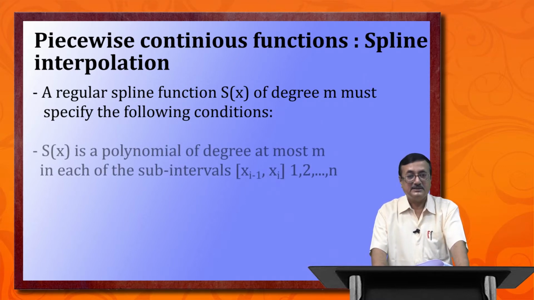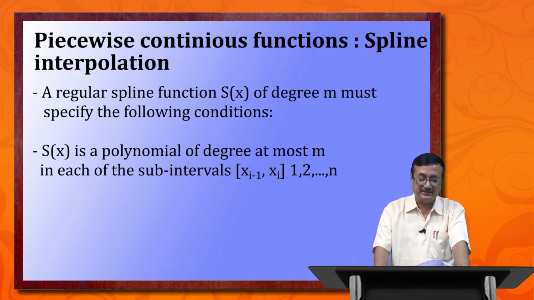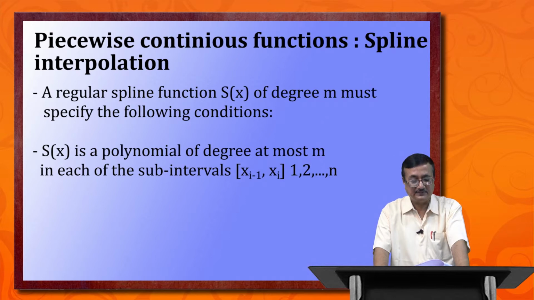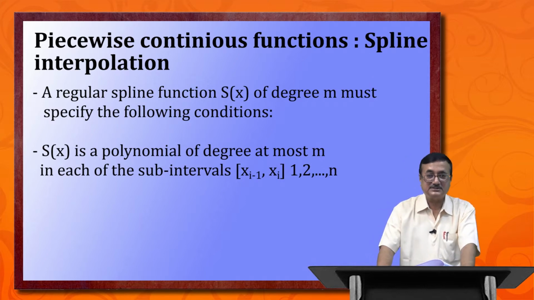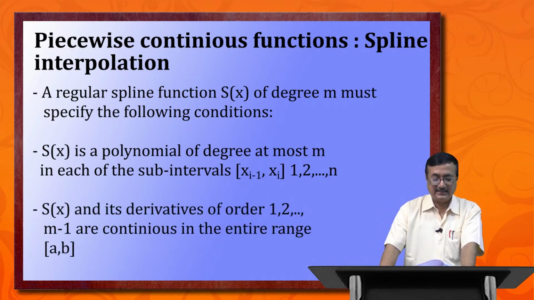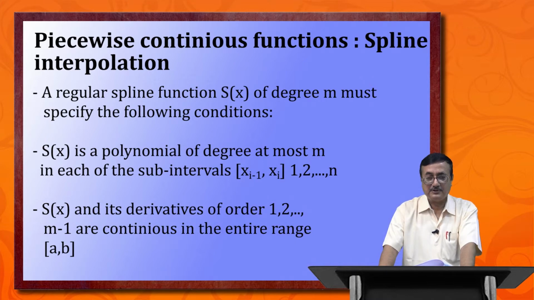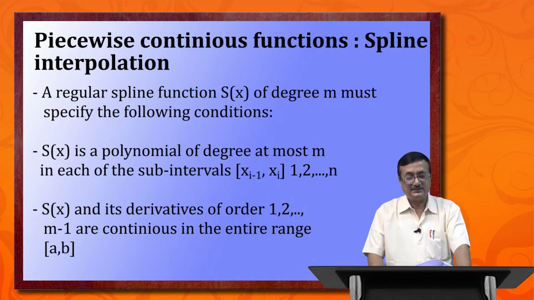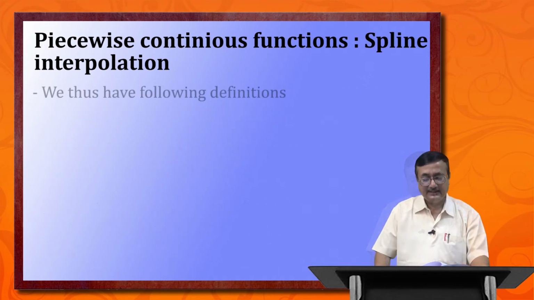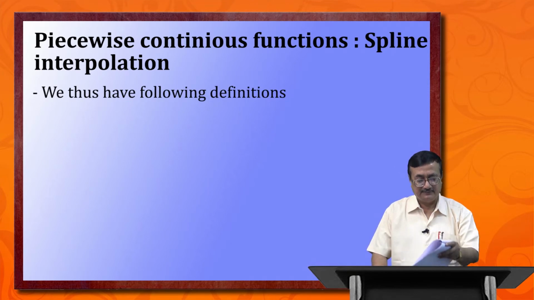First, S(x) is a polynomial of degree at most m in each of the subintervals x_{i-1} to x_i, i equal to 1 to n. The second condition is S(x) and its derivatives of order 1, 2 up to m minus 1 are continuous in the entire range [a, b]. Hence, we have the following definition.